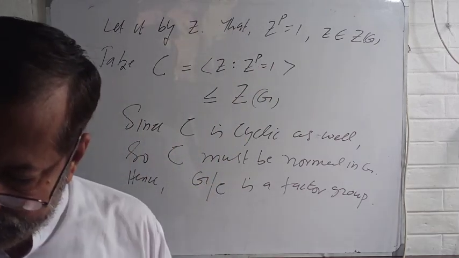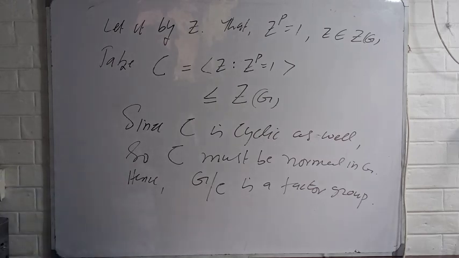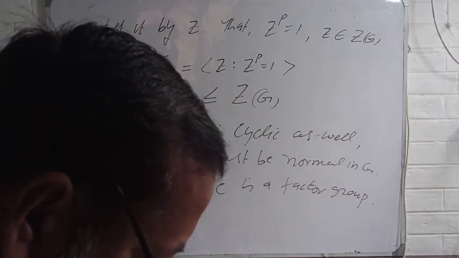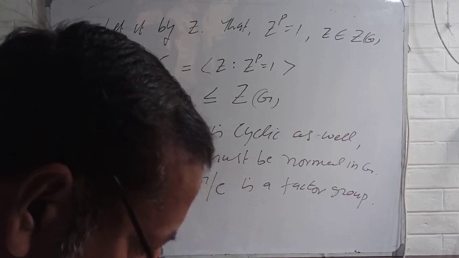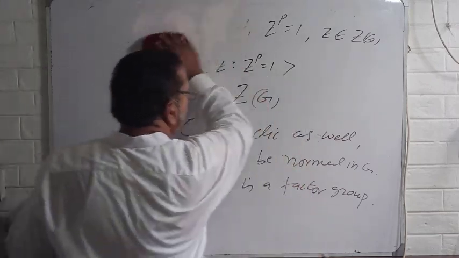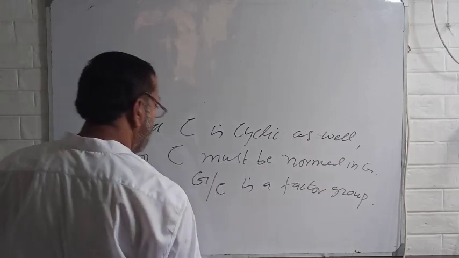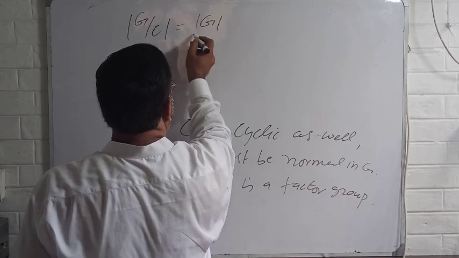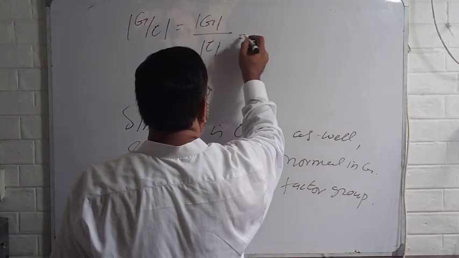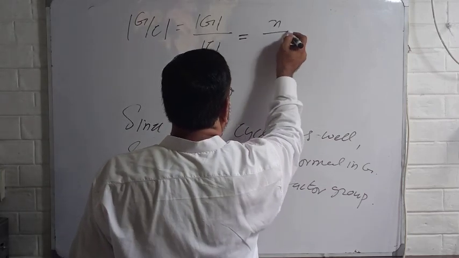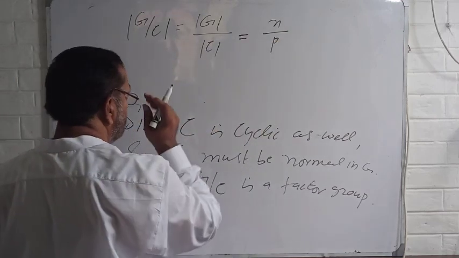Also we see that the order of G by C is the order of G by the order of C, that is n over P, right?